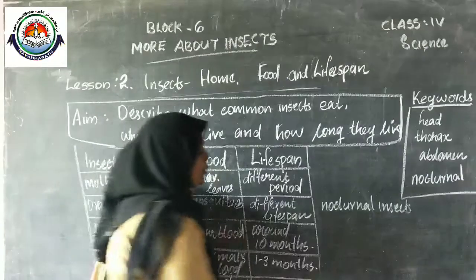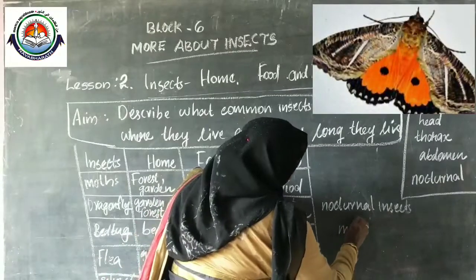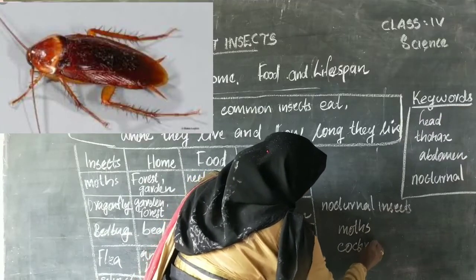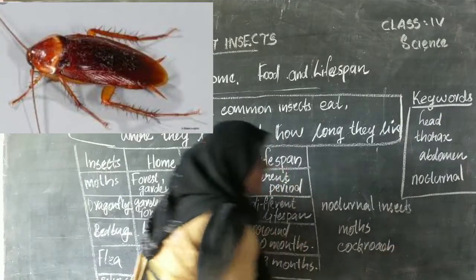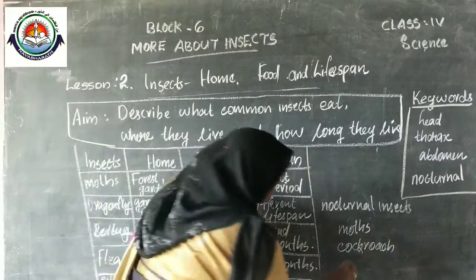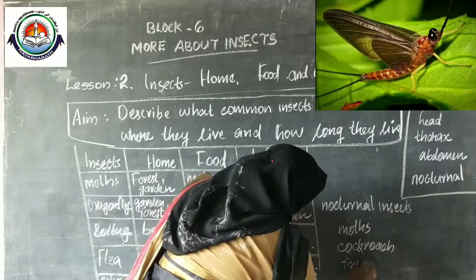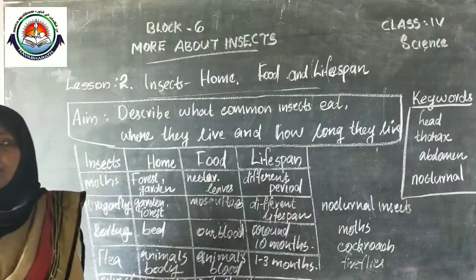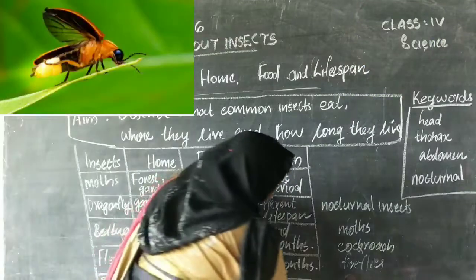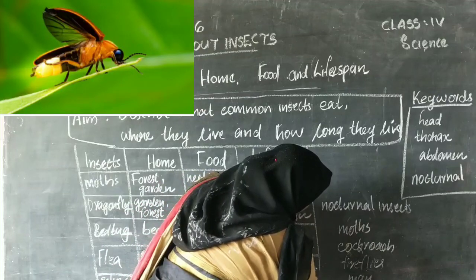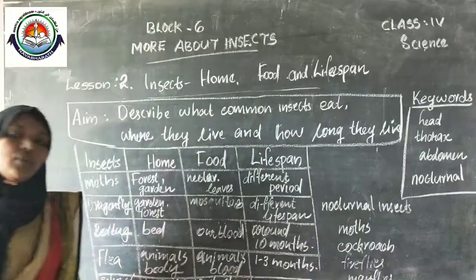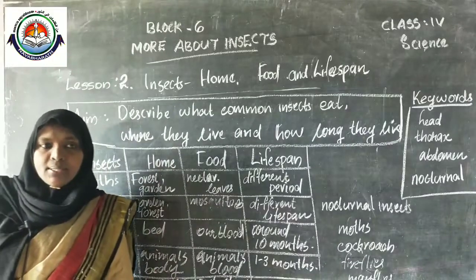Moths, cockroach, then fireflies, then mayflies. These are examples of nocturnal insects.